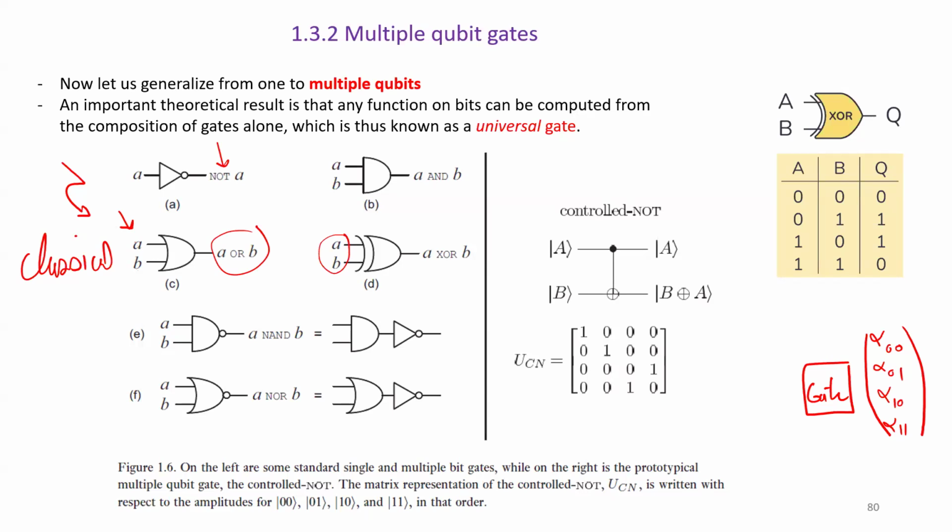Here we are going to talk about the most famous quantum gate. It's a 2 qubit gate, and as I said, probably the most important and the most famous 2 qubit gate, which we call controlled NOT.